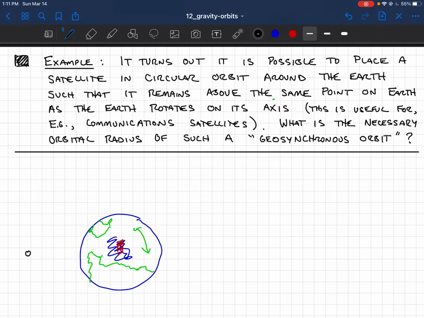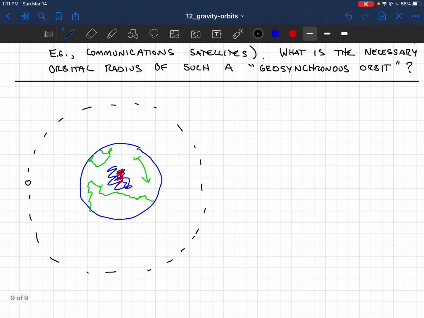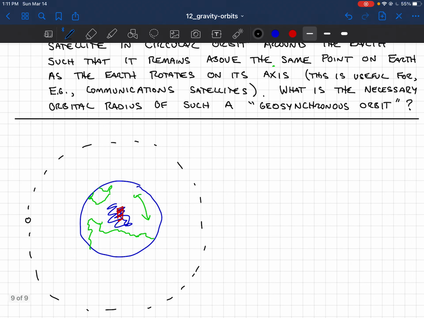And then we place a satellite to orbit around the Earth. It turns out that in order to make this orbit, you must put it around the equator, because the Earth is not a perfect sphere. It's sort of bulged, so you need to place it around the equator so it doesn't feel the imperfections of the Earth's gravitational pull.